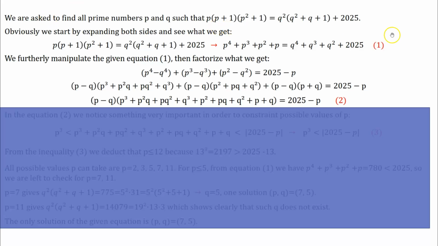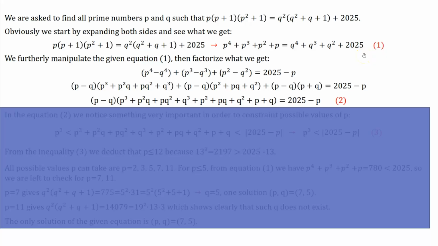By doing some simple calculations on both sides, we will have that p to the fourth plus p to the third power plus p squared plus p is equal to q to the fourth plus q to the third plus q squared plus 2025.